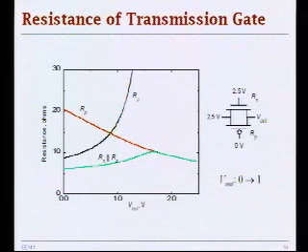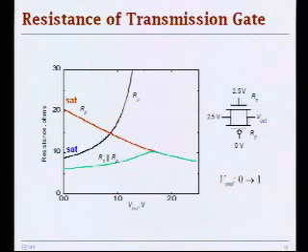We know that the NMOS cannot pass a good 1 because as soon as it reaches VDD minus VT, it turns off. So you have Rn shooting up, but the PMOS goes into the linear region and supplies the required path from the input to the output.